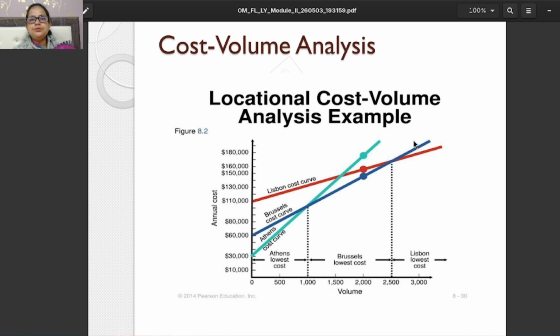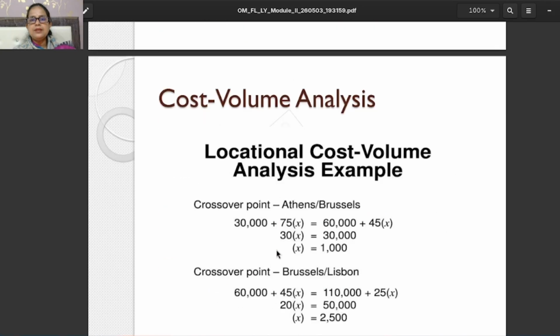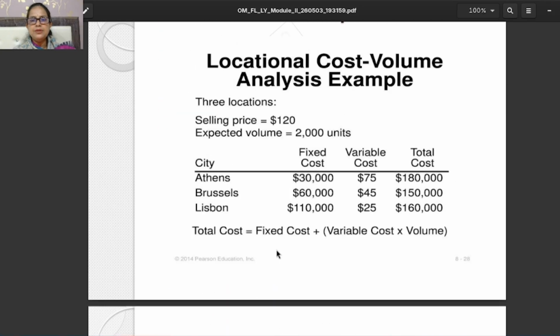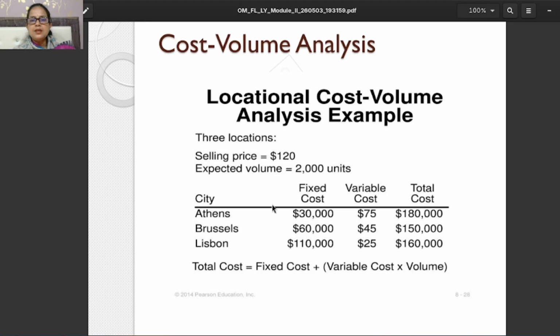Now we need to do one thing. We need to plot a graph. How are we going to do it? First, we need to calculate the total cost for each location.